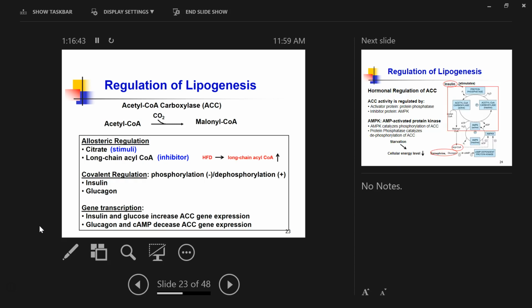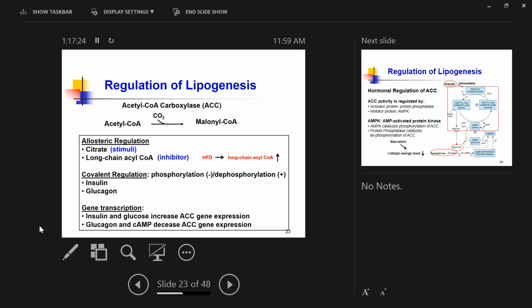So here is the reason that we talked about earlier, why a high-fat diet will inhibit lipogenesis: when we eat a high-fat diet, we have lots of fatty acids in the circulation. So fatty acids basically can be activated to long-chain fatty acyl-CoA. So we have high levels of long-chain fatty acyl-CoA in the body when we eat a high-fat diet, and this will inhibit ACC, the key enzyme for lipogenesis, right?